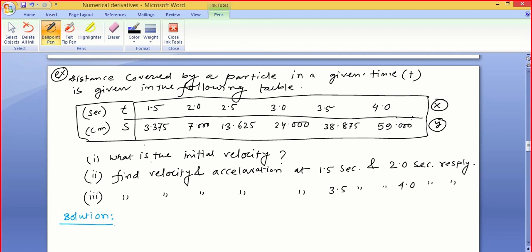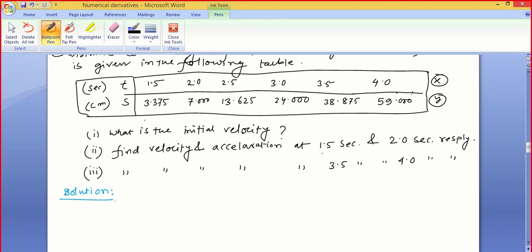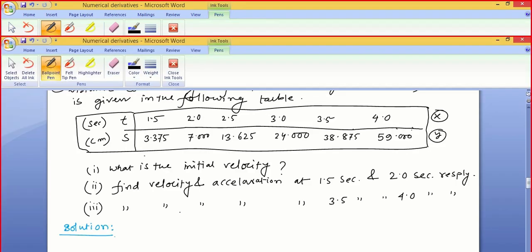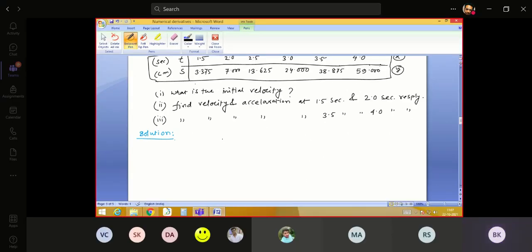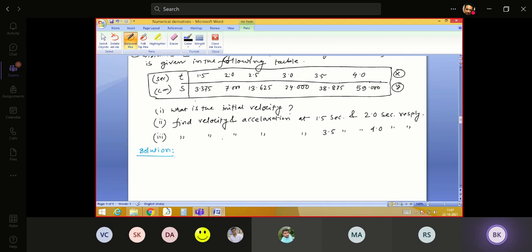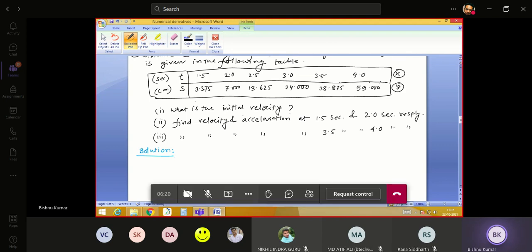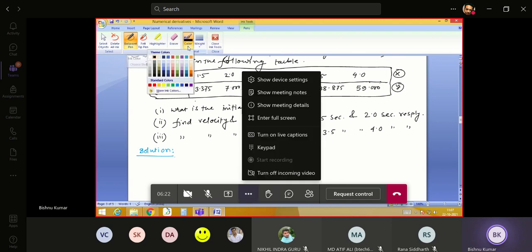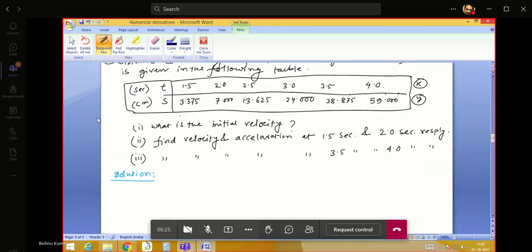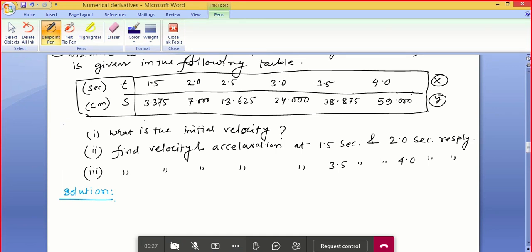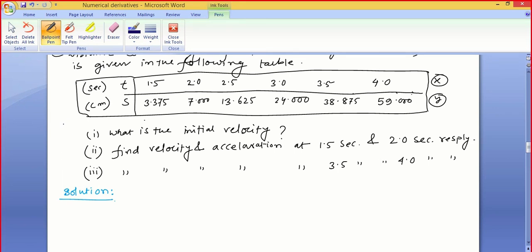Then what is the initial velocity? What do you have to calculate here? Distance and time are given, so velocity is ds by dt.